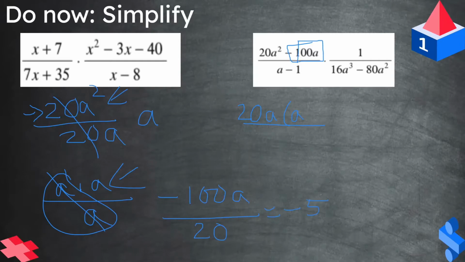And I also have a as my common factor because there's one at the top, one at the bottom. I cancel them out. I'm just left with 5. Okay, so I'm going to put that here. Boom, I'm done factoring the top. Okay, so now let's go to the bottom.